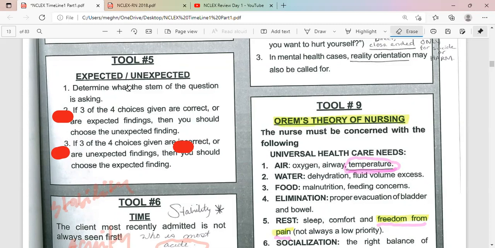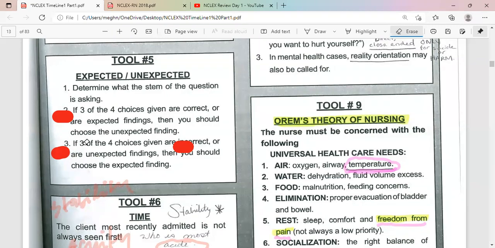Whatever it is, here we are talking about questions and answers. Determine what the stem of the question is asking. So for a question with 4 options, if 3 have a similar meaning and one is opposite, that should be the answer. They said if 3 of the 4 choices given are correct or are expected findings, then you should choose the unexpected finding. That is the answer.